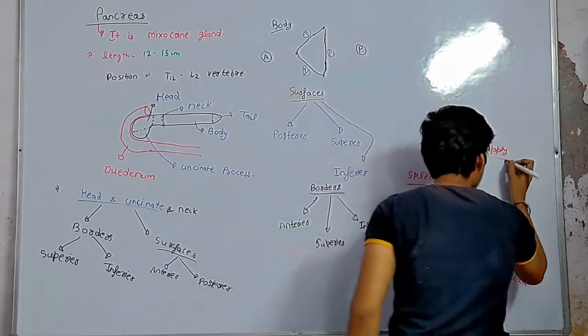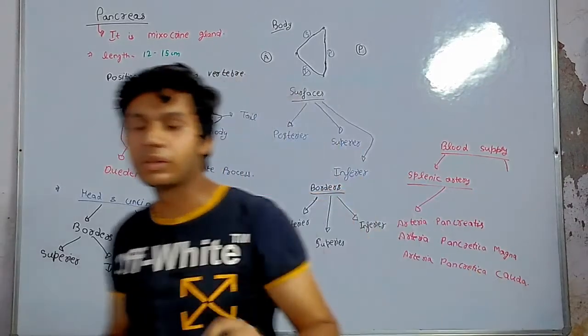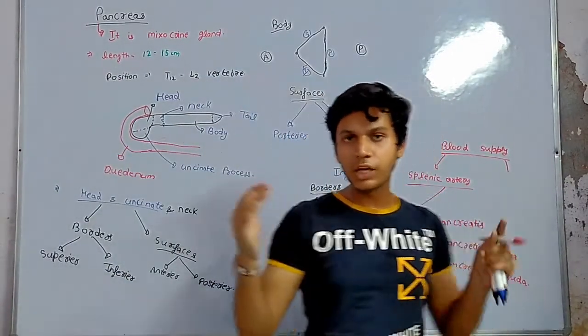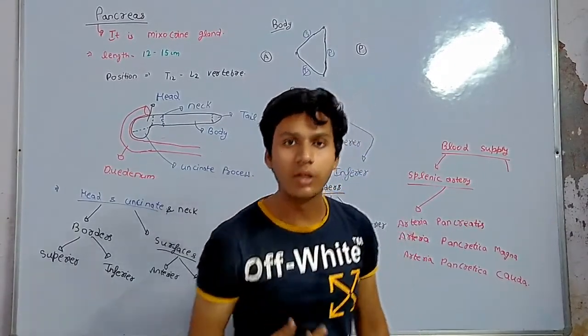Now another supply: there is a branch of the celiac trunk called the common hepatic artery, which divides into two arteries, the hepatic artery proper and the gastroduodenal artery.